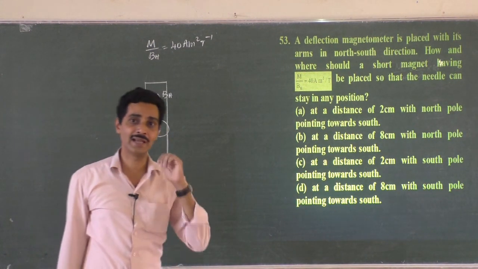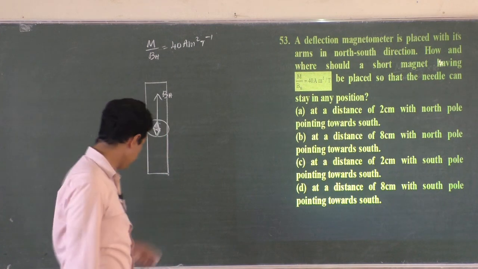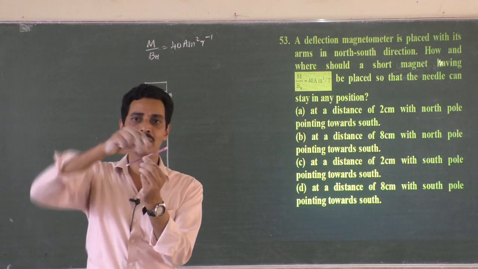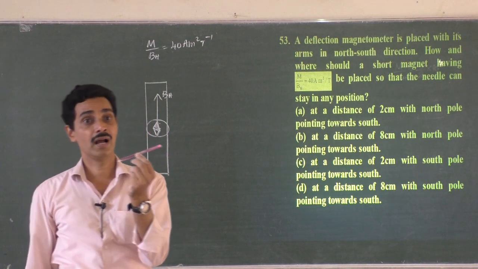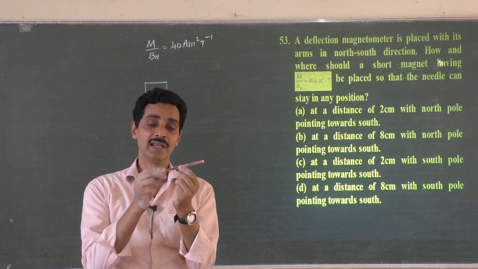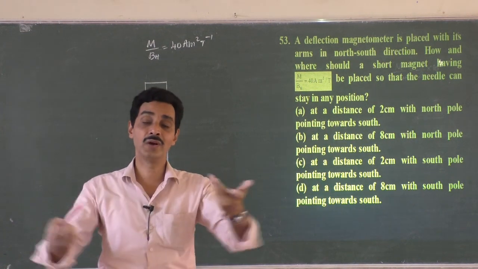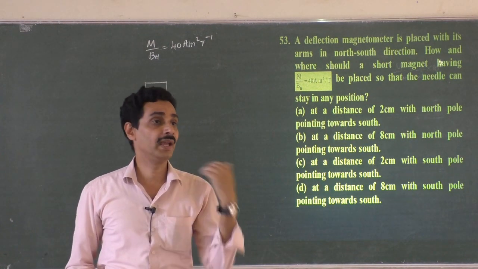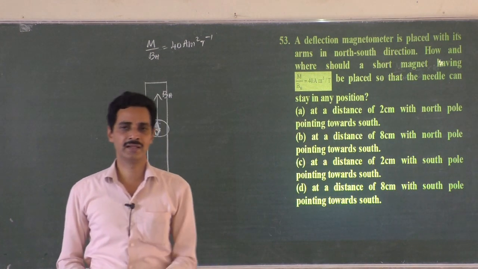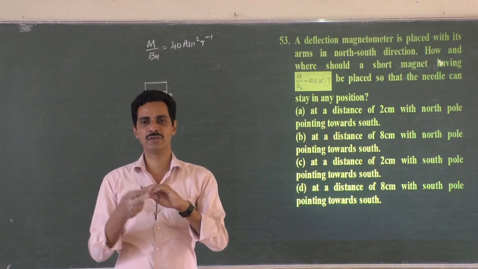What do you mean by the needle can stay in any position? Any freely suspended magnet is not free to stay anywhere. It stands in the north-south direction. Why? Because Earth's magnetic field is in the north-south direction. If a magnet is staying in any position, it means there is no other field, right? The needle should be free from any external magnetic field so that it is free to rotate in any position.